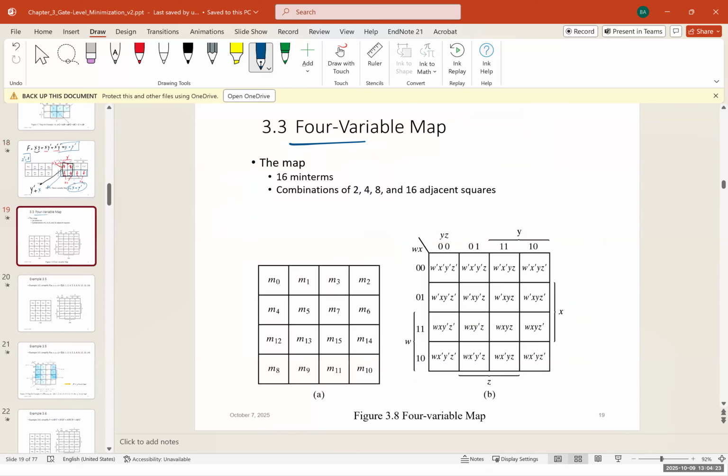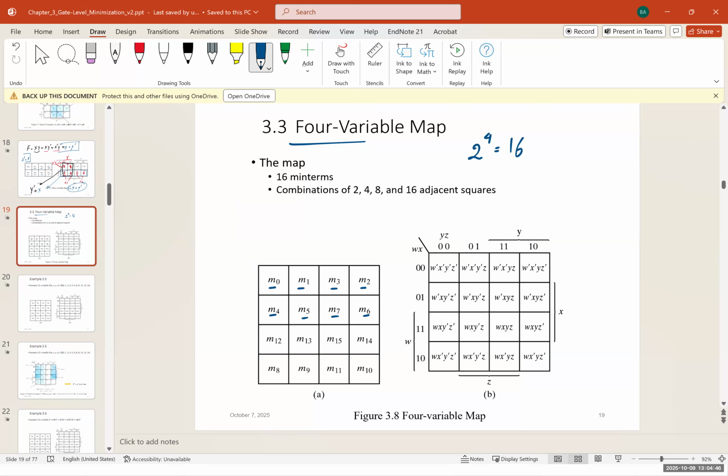If we have a 4 variable map, we would have 2 to the power of 4, 16 squares. We will start with M0, M1, M3, again M2, M4, M5, M7, M6.